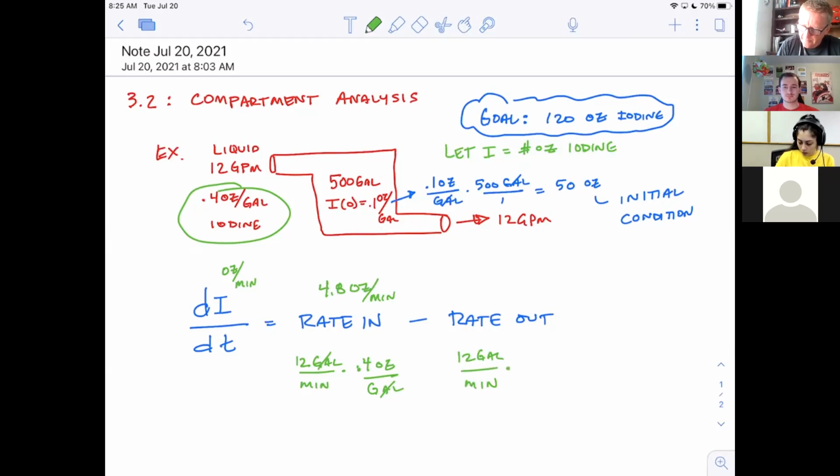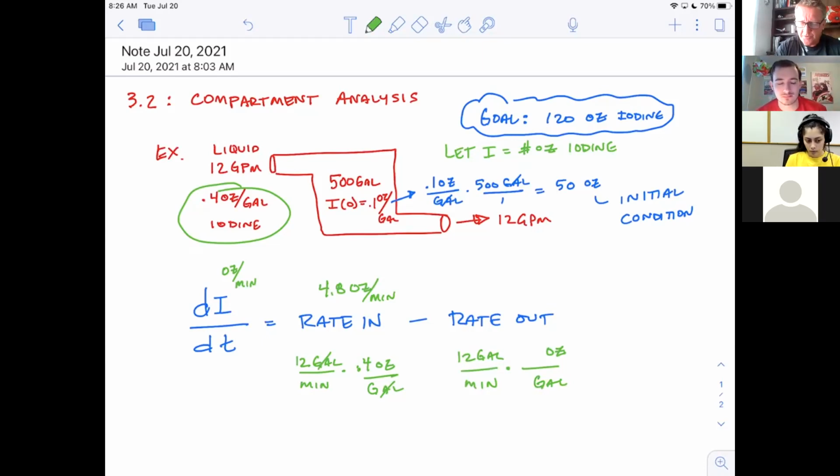But does it make sense? This part is much harder. Well, we have a little inconsistency with our units, so it's difficult to tell. Is I ounces per gallon, or is it just ounces? Let's start with ounces and we'll change it if we need to.